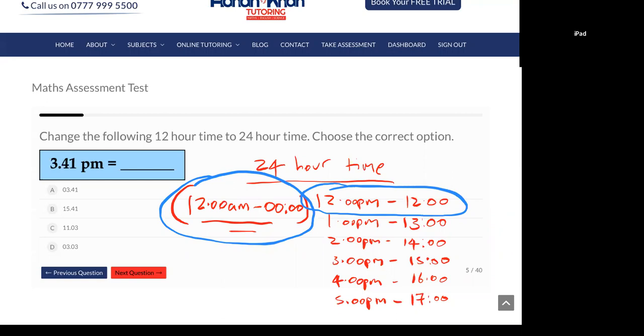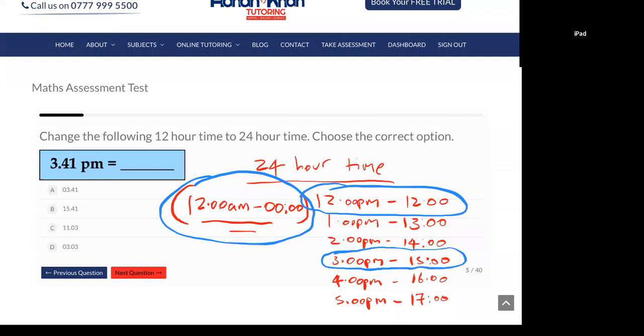Very good. And Emily, if you have a look here, we're trying to convert the time 3:41 p.m. to a 24-hour clock. On the right-hand side of my board, can you see that time there? Yeah. So what does 3 p.m. convert to? 15.